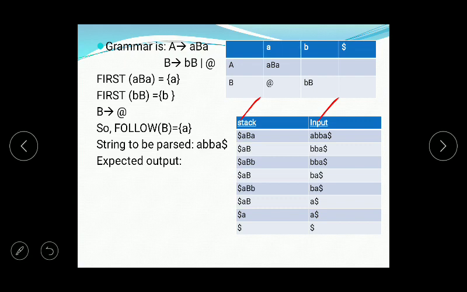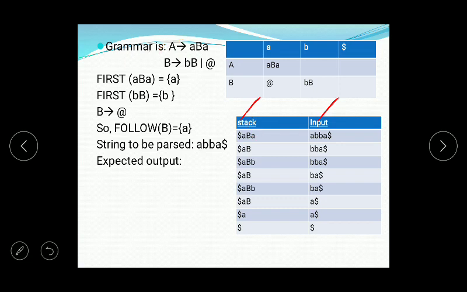Initially, the stack contains the start symbol. So the start symbol is A. The production with the start symbol is ABA. So I directly took ABA. So initially the stack contains ABA, and one more thing here, this A is our top of the stack. Next we have B, next we have A. That is, it is copied.